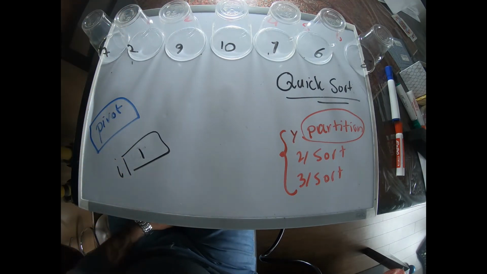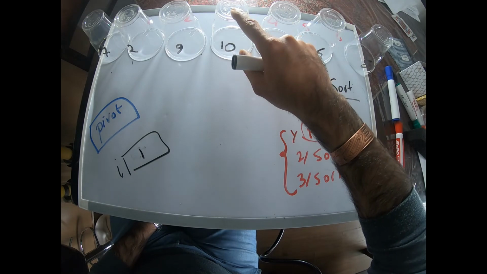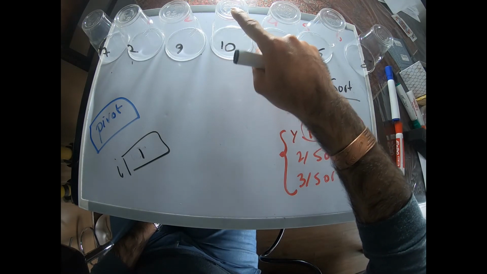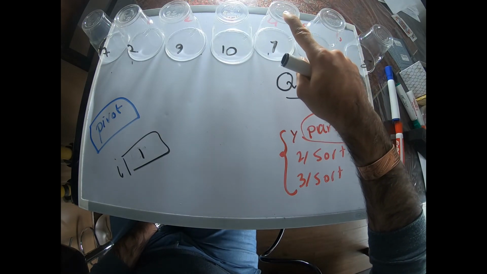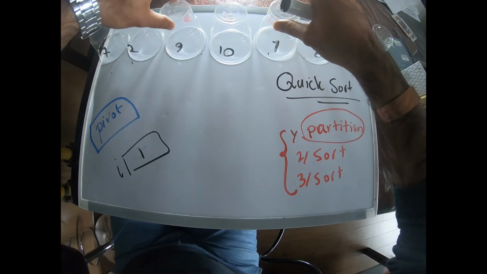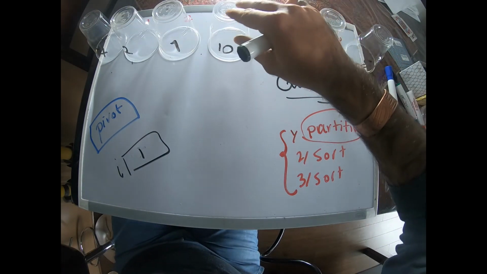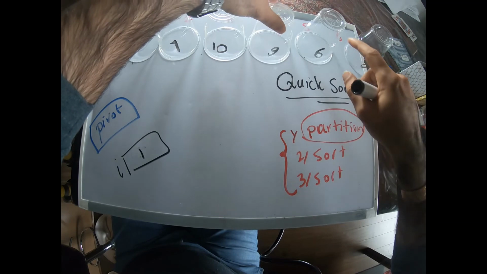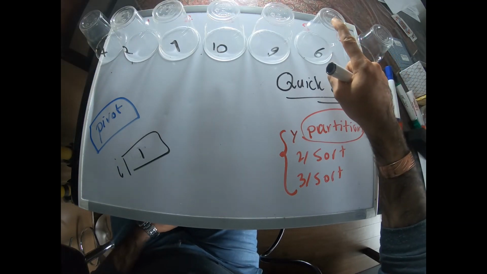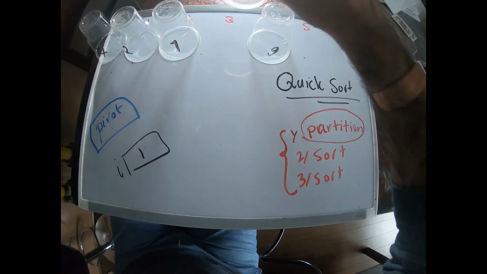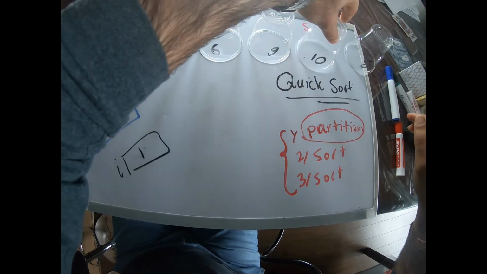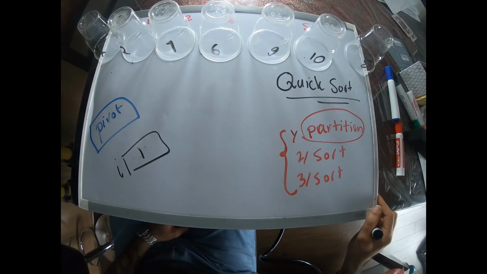Okay. Then I look at this, 10, is it smaller? No. 1, is it smaller? Yes, it is. So I swap these two. Is 6 smaller? Yes, it is. So I swap these two. Okay, right?